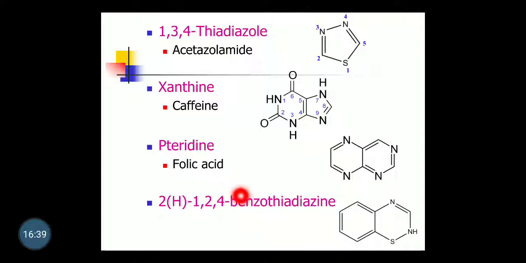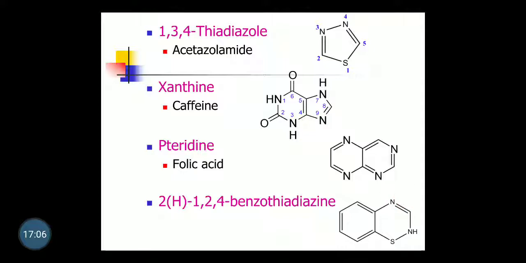Benzo means benzene, thia means sulfur, diaza stands for 2 nitrogens, and ine stands for a 6-membered ring. Benzo stands for the benzene ring fused together with the heterocyclic ring. You can see in this structure the benzene, which is a 6-membered ring, and next is a heterocyclic ring which has the thiadiazine. Thia stands for sulfur, diaza stands for 2 nitrogens, and ine stands for a 6-membered ring.